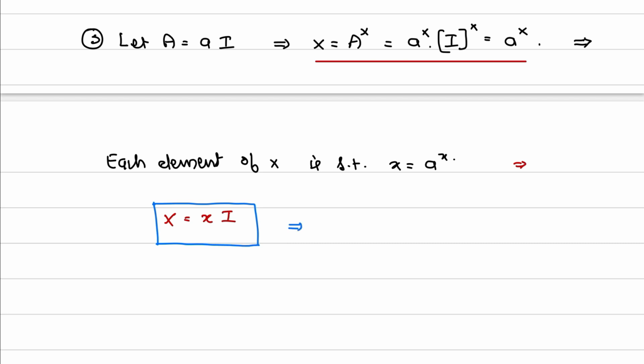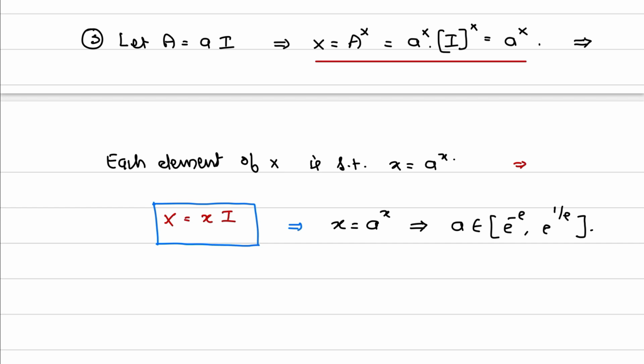Which implies x is equal to a to the power of x, that implies a belongs to the set e to the power of minus e to e to the power of 1 by e, which we have proved in the previous lectures. Now we have come to a conclusion that A is a diagonalizable matrix, hence some scalar into I is A. That is the important conclusion we made here.